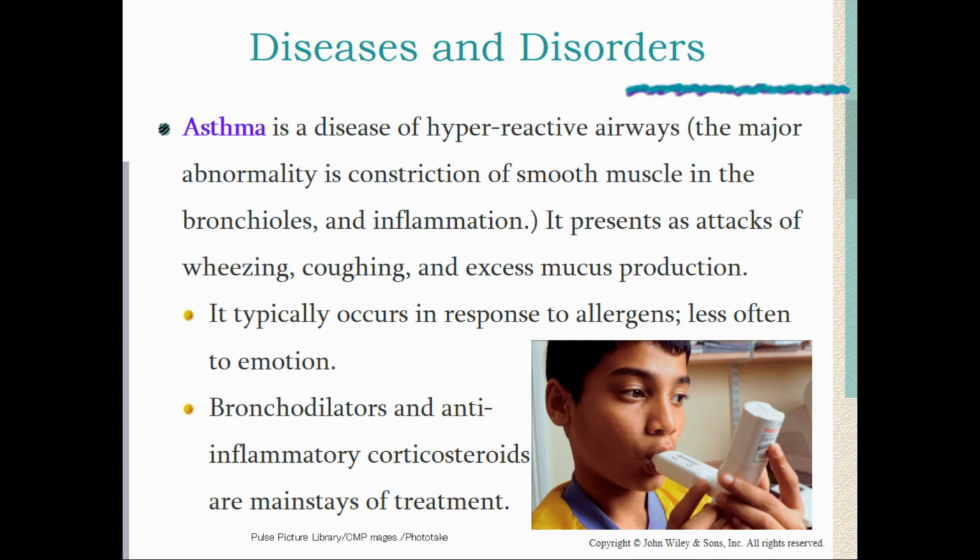And as we learned in the last lesson, if that causes inflammation, that reduces the airway, and that will increase the resistance to airflow by a factor of 4. So a slight increase in the swelling of the lining of the bronchial tube will cause resistance. The increase in that resistance will cause a decrease in the airflow. It presents as attacks of wheezing, coughing, and excess mucus production.